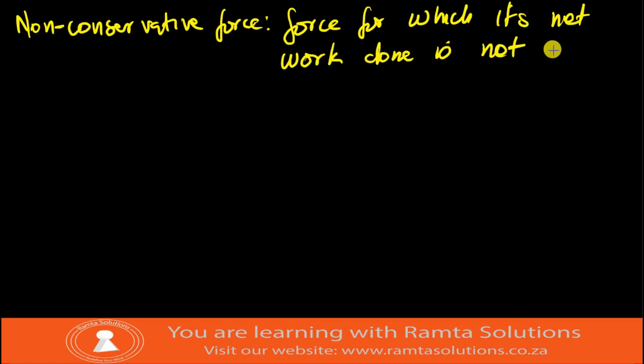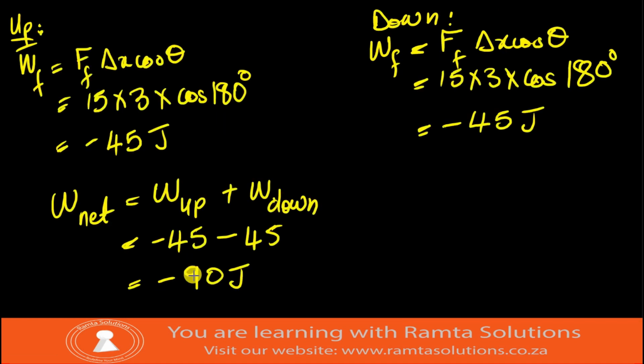Remember, in the previous video we defined it as a force for which the work done on the object depends on the path taken. Another definition is a force for which its net work done is not 0. You have seen that. Work done by a non-conservative force is not equal to 0.